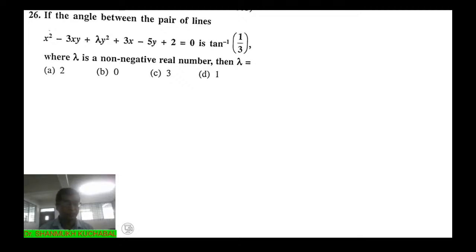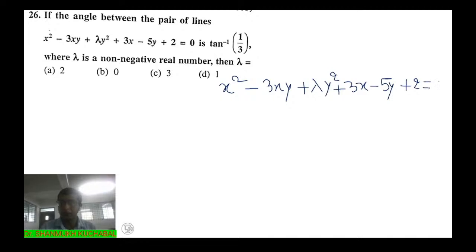One more last example. If the angle between the pair of lines is given as tan inverse 1 by 3, where lambda is a non-negative real number, then we have to calculate the value of lambda. Now we'll write the given equation. The given equation is x square minus 3xy plus lambda y square plus 3x minus 5y plus 2 equal to 0.